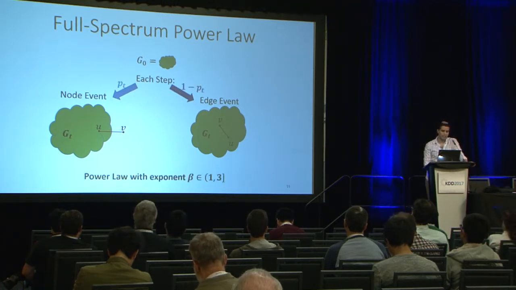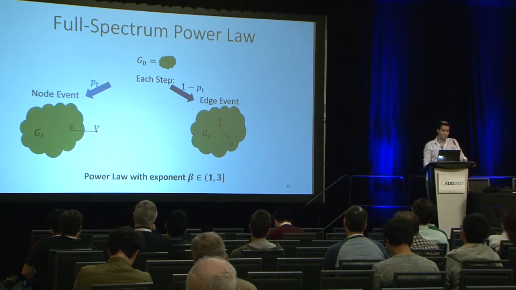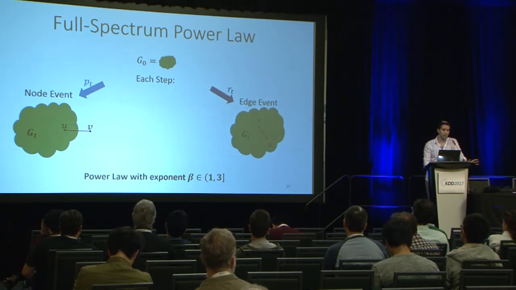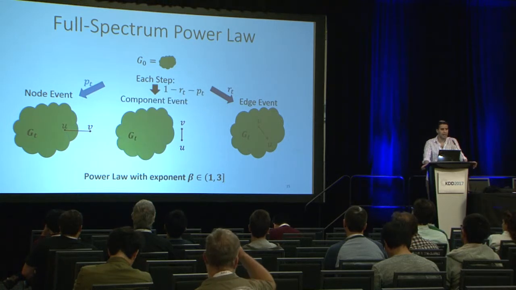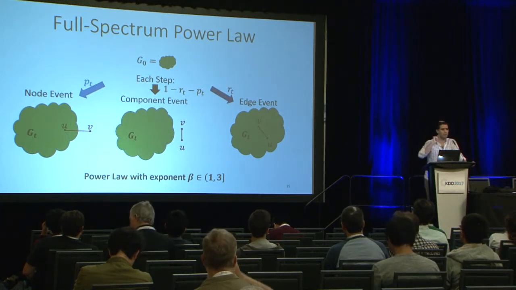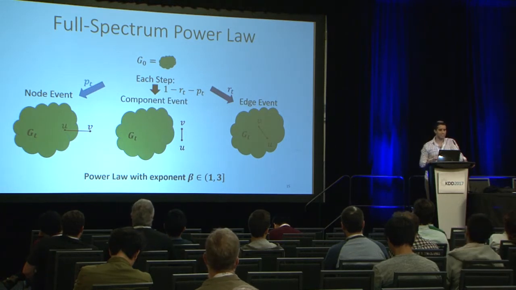And the last thing is that if we want, we can stretch it to an even wider range. We still have the node events with probability P, and the edge events where we add an edge with probability R, and now we add a different kind of event: we add a component. Let's say we add 2 nodes that are connected to each other. 2 people joined Facebook and they friended each other.